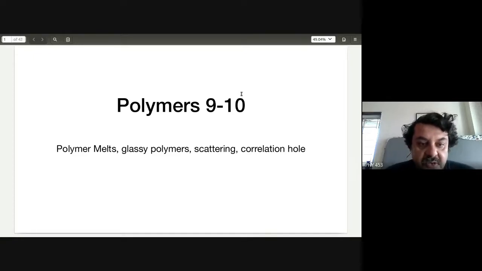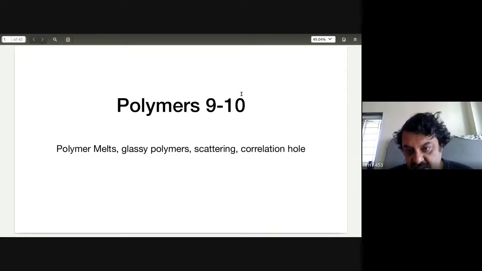But while talking about polymer melts, glassy polymers and their phase diagram, we shall also have to talk a bit about scattering, and then from scattering there will be a module on statistical physics and microscopic structural quantities which we actually measure in scattering physics, and those are also the things that we calculate, and that is going to help us understand the physics of glassy polymers and polymer melts and so on and so forth.